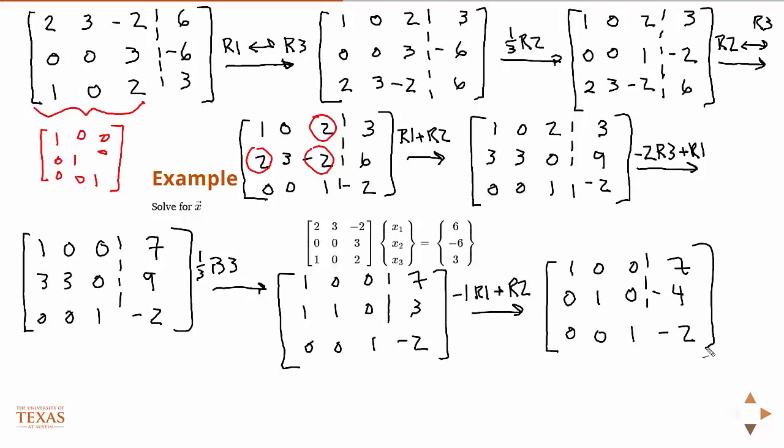All right. So what's the solution then? What's the vector x? Seven, 4, minus 2.